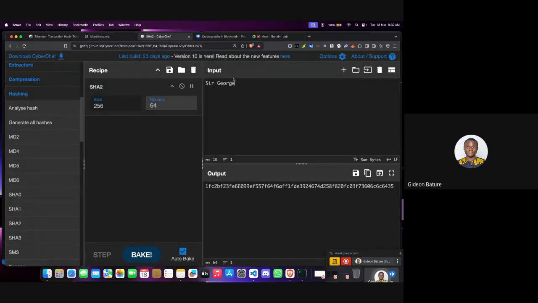Look at what is here as the output. Does it look like the change we made is just a small change? You find out that it doesn't, right? Look at it without full stop. Look at what we have with just a full stop. So that is what hashing is all about.